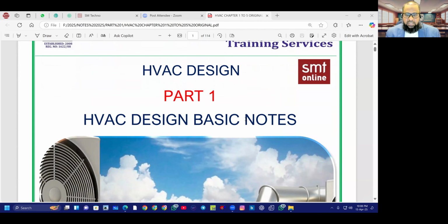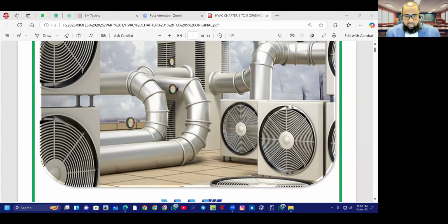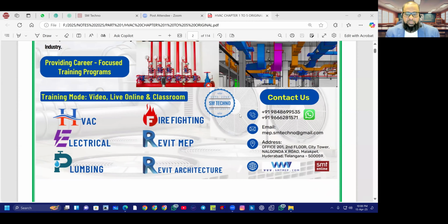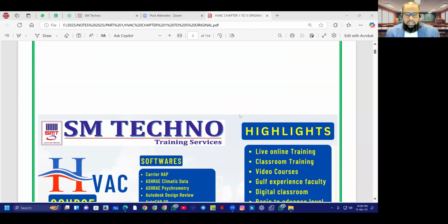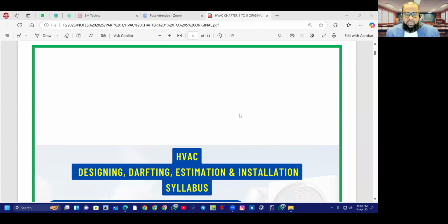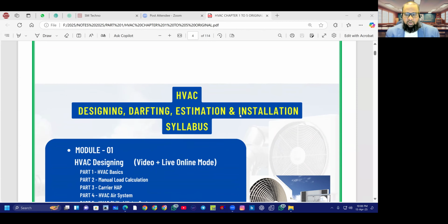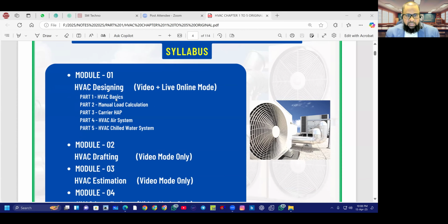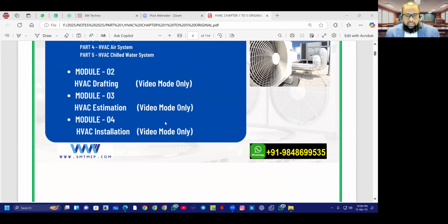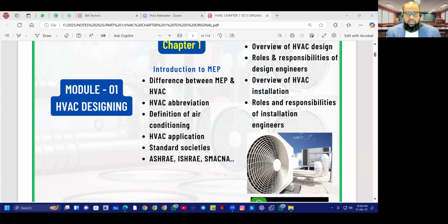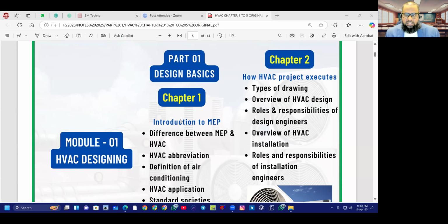As we discussed in the previous session, let me quickly show you the same. On the screen you can see part 1 is HVAC design basics, which consists of chapters 1 to 5. I'm supposed to start this part 1, HVAC basics, and under this you'll find chapters 1 to 5. In today's session I'm going to start chapter 1.